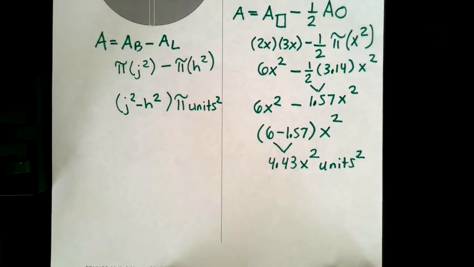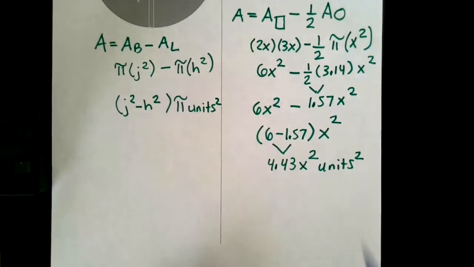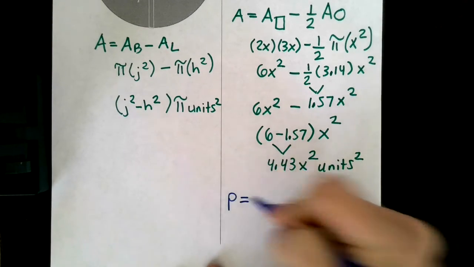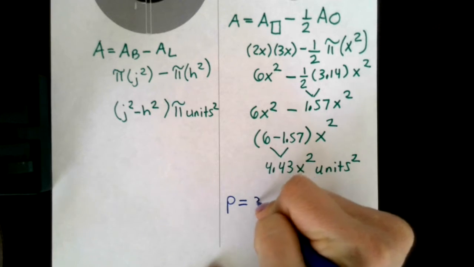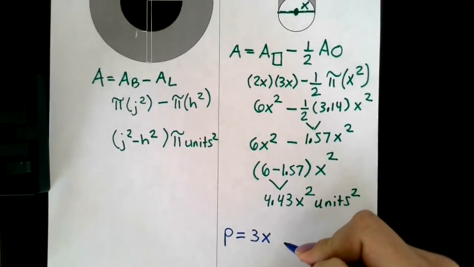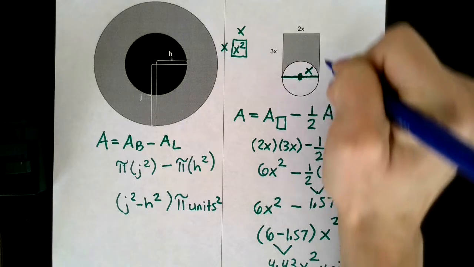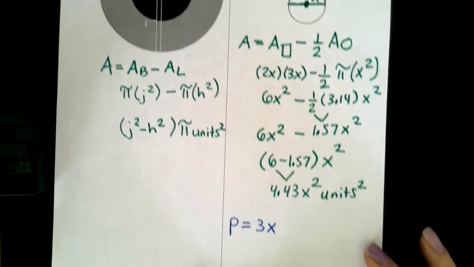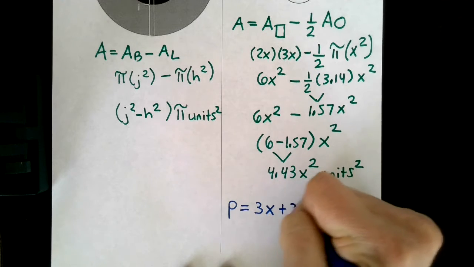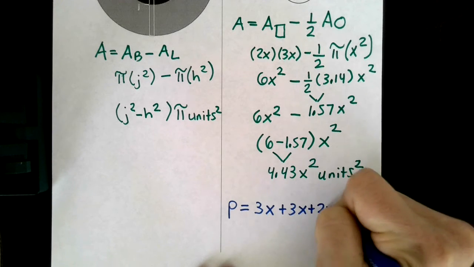All right, last step, we're moving on to perimeter. For perimeter, we're going to add up everything around the border. We start with 3x. Around the border, we also have another 3x, so I need to add that to my border. And a 2x.